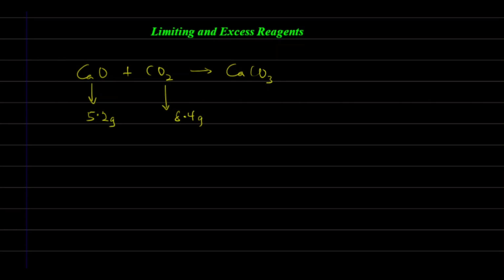We cannot just use the weight of calcium oxide to compare with that of calcium carbonate. At the same time, we cannot just pick carbon IV oxide to compare with that of CaCO3. The first thing is to determine the reactant that is in excess and the one that is limited.